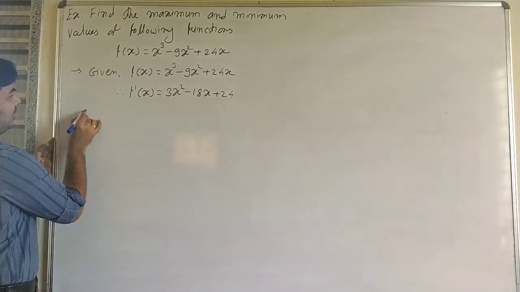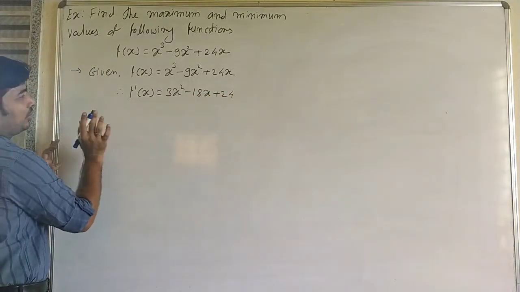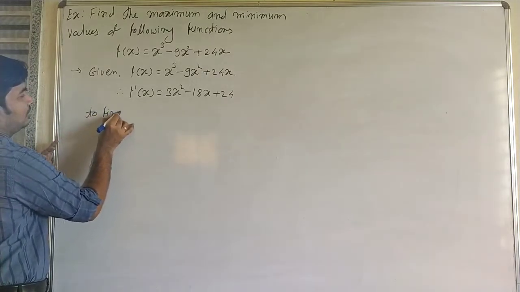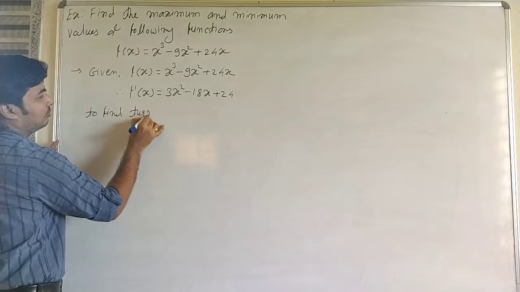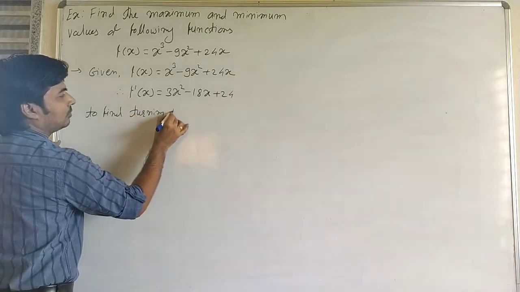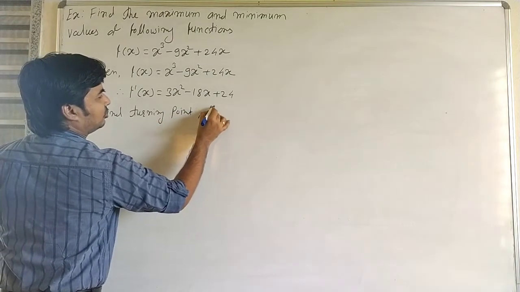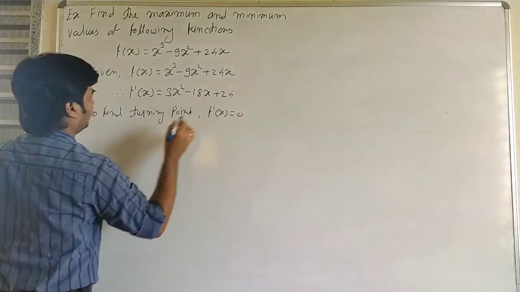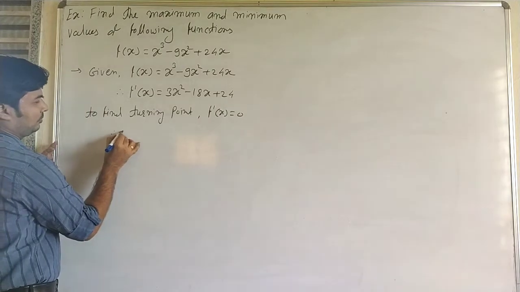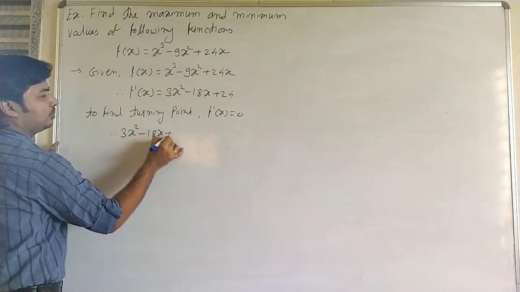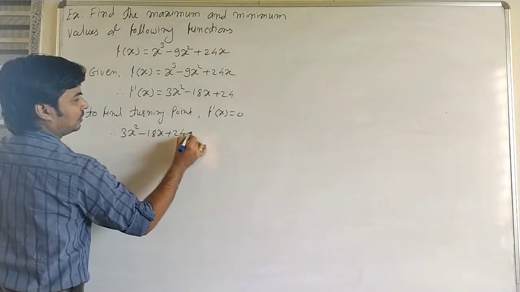Okay, then to find the turning points, take f dash of x equal to 0. Therefore 3x square minus 18x plus 24 is equal to 0.